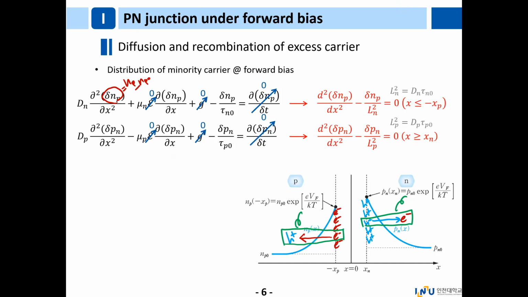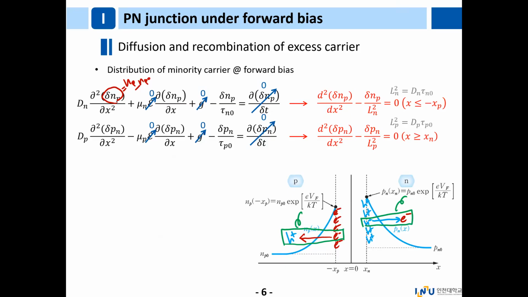At this time, it is assumed that the length of the neutral region is much longer than the diffusion length of the minority carriers, and the concentration of excess minority carriers at a distance from the depletion layer is regarded as zero.